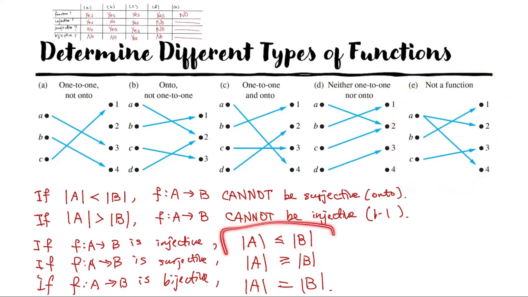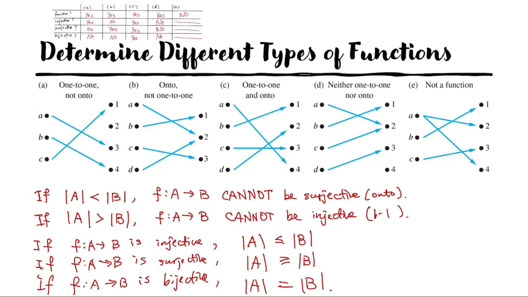So if you know the input and output sets, if you know the cardinality, the best you can do is eliminate some of the cases, like here. If your input set is less than the output set, or if your input set is greater than the output set, you can say your function cannot be injective or it cannot be surjective.